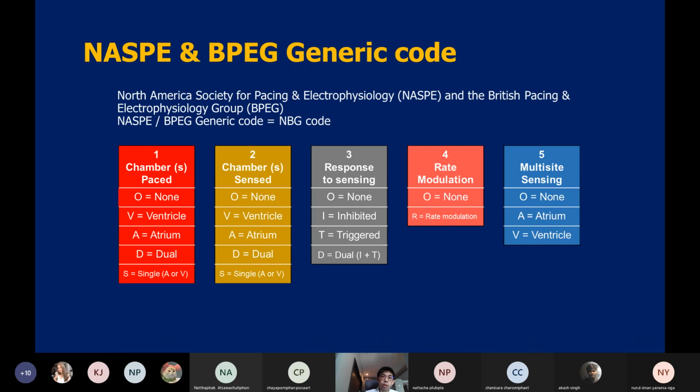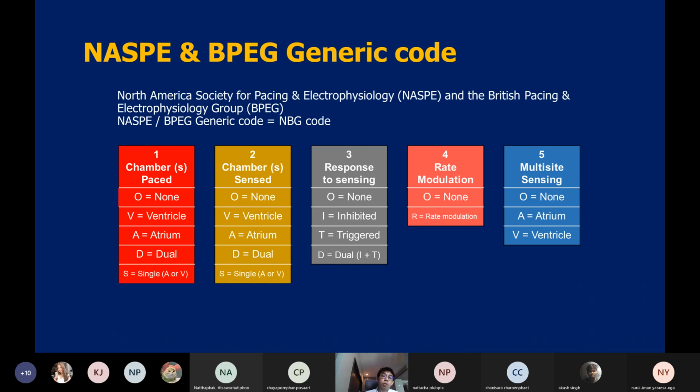The pacing code is a generic code from the North American Society of Pacing and Electrophysiology, combined with the British Pacing and Electrophysiology Group. They created this code. The code is international.